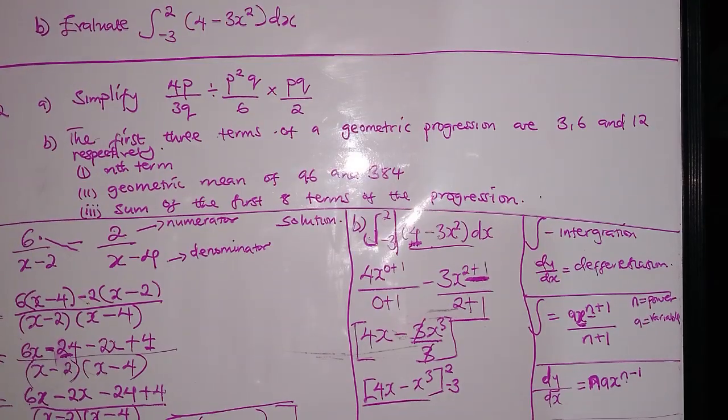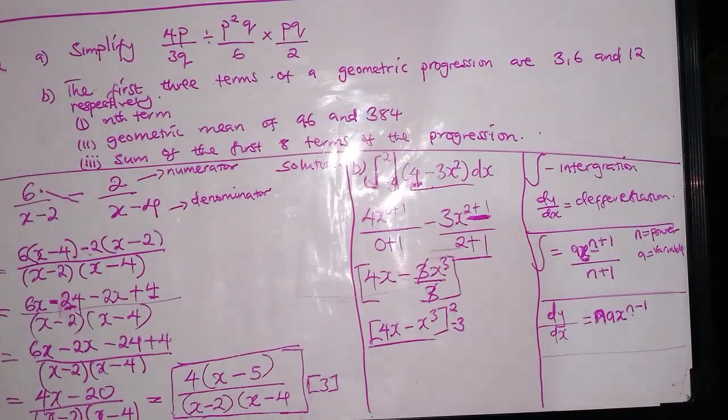This question is known as the integration of the upper and lower limit. This down here is known as the lower limit, and this is the upper limit. In simple terms, we are calculating the area of something. Now remember, we have to subtract the upper limit minus the lower limit.